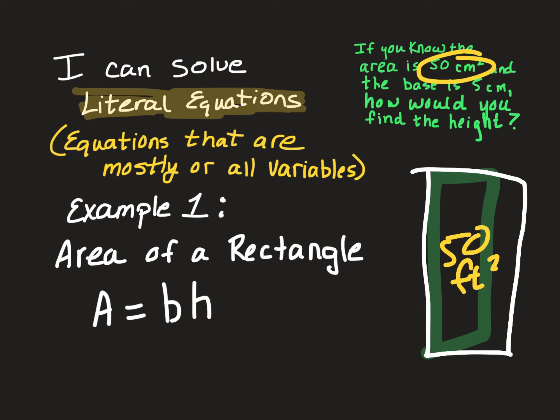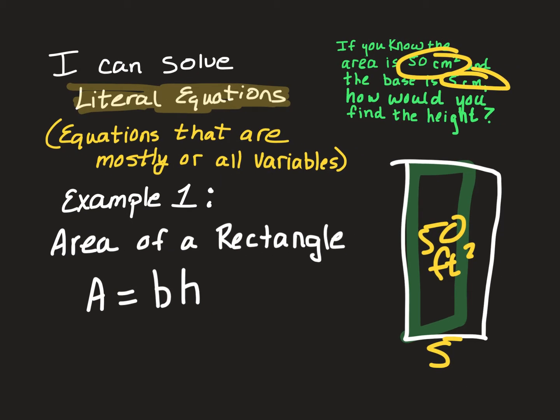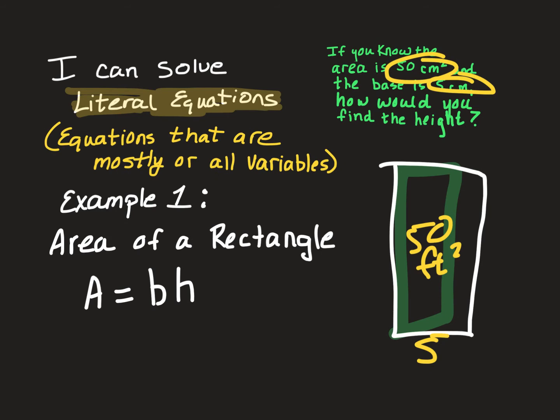So they are trying to figure out exactly how much fence they need. They know they want to do an area of 50 square feet for their little dogs to run around in. And they know the width of the rectangle would be 5, okay? So using the formula, area equals base times height, if they want it to be 5 feet wide, how would they figure out how much length they need to buy for the side of it if they want the area to be 50?